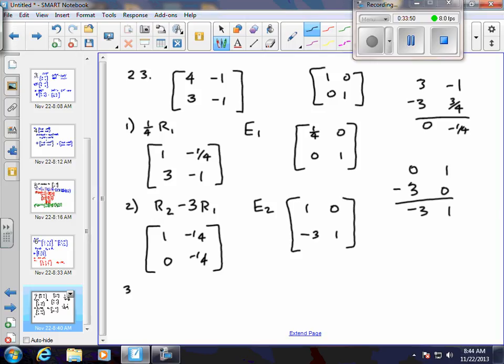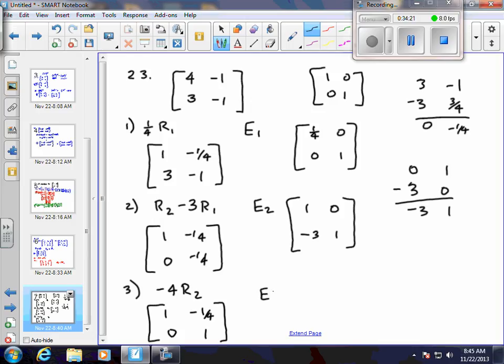So now my next step is to make this number a 1. And I would do it multiplying by -4. I would say -4 times row 2. So that gives me the matrix. Top row, nothing happens to. And the bottom row is 0, 1.